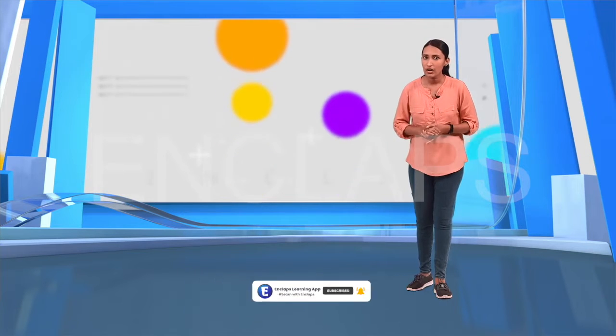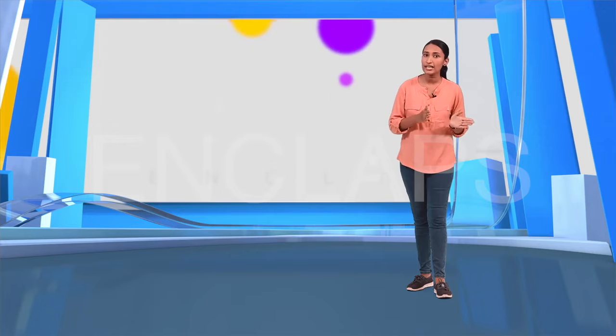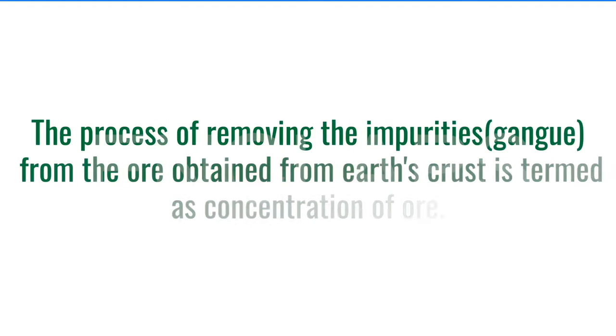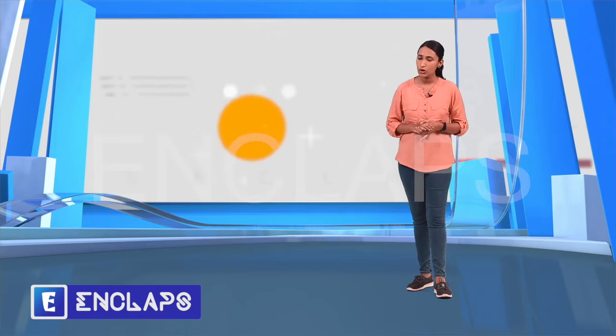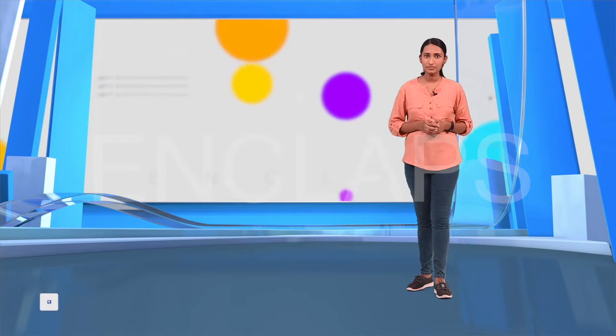So today we are going to discuss in detail about each of these steps. We said that the first step is the concentration of ores. The process of removing the impurities from the ore obtained from the earth crust is termed as the concentration of ore. And these impurities are generally known by the name gangue.